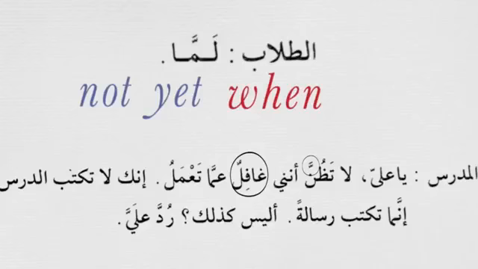So don't think that I am unmindful. Unmindful about what? So amma is here two letters, we should know that it is an plus harf jar plus ma ism majroor. So that I'm unaware of what you are ta'amalu, that you're doing.